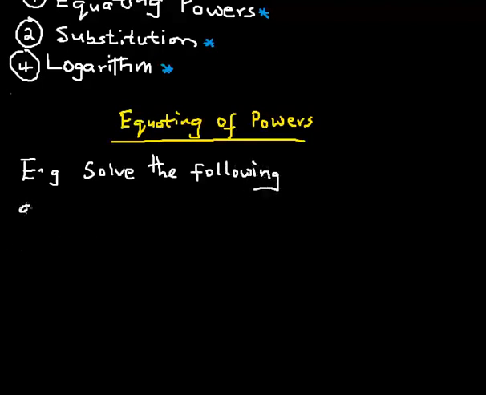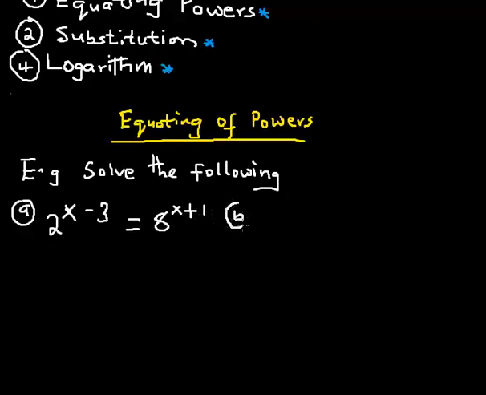So a, let's look at 2 raised to the power of x minus 3 equal to 8 raised to x plus 1. That's part a of the question.